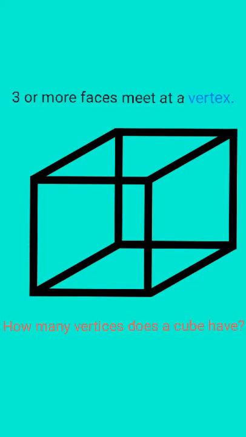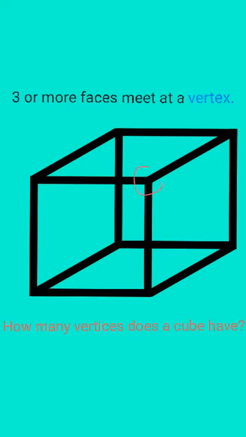Another way to try to figure out what kind of polyhedron you will get from a net is to look at how many vertices it has. And a vertex basically means a point where 3 or more faces are meeting. So if you look here, there is 1, 2, 3 faces connecting right at this point.